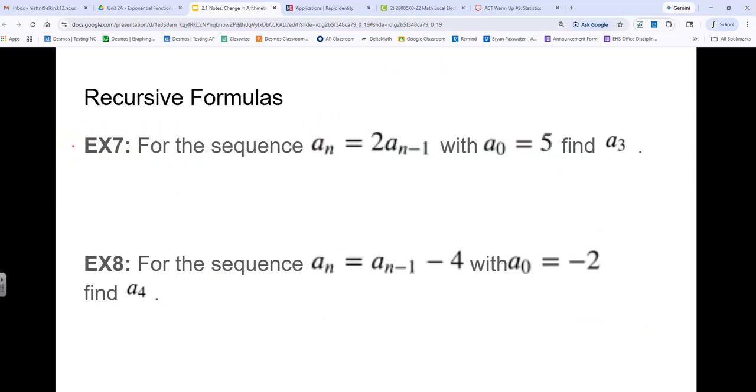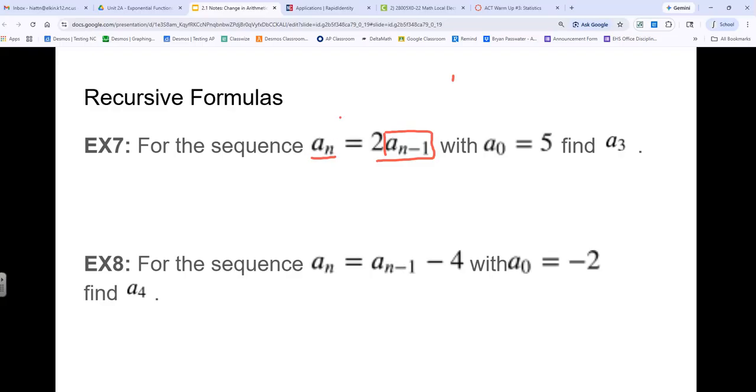Okay, now, we also can have functions that are recursively defined. If functions are recursively defined, they don't have just an n in the function. So if you look at the equation right here, I see a sub n, and I see this a sub n minus 1. So they didn't just put an n in there, right?